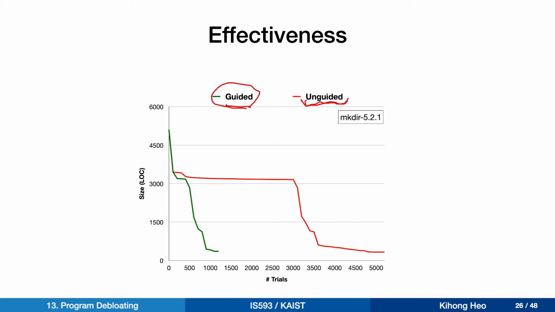As you can see, this guided search can quickly find a one minimal solution within about 1500 iterations, right? But this unguided search, you can find it after around 5000 iterations. So you can see the difference for effectiveness.